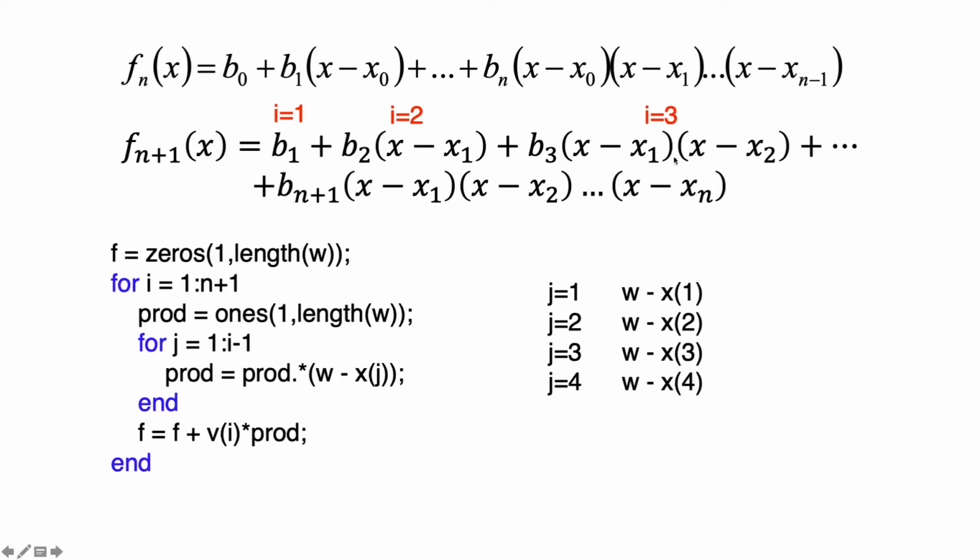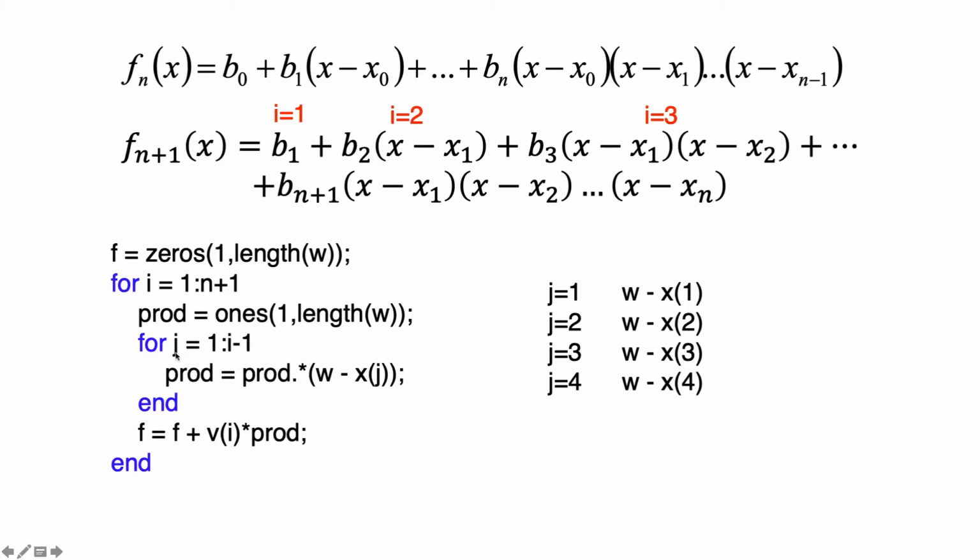What about these products? If you notice, in the first term, we don't have any product of x. So what I did here was that I added another for loop, and the index for the for loop is j. In the first iteration, for I equals 1, I don't have any product here involving x.